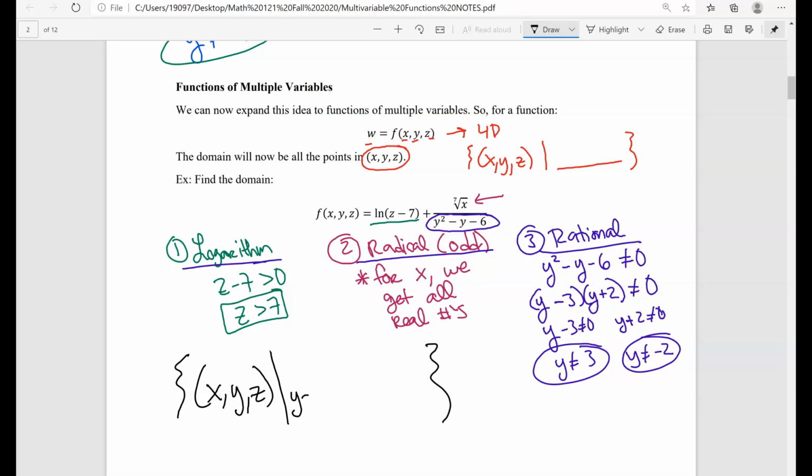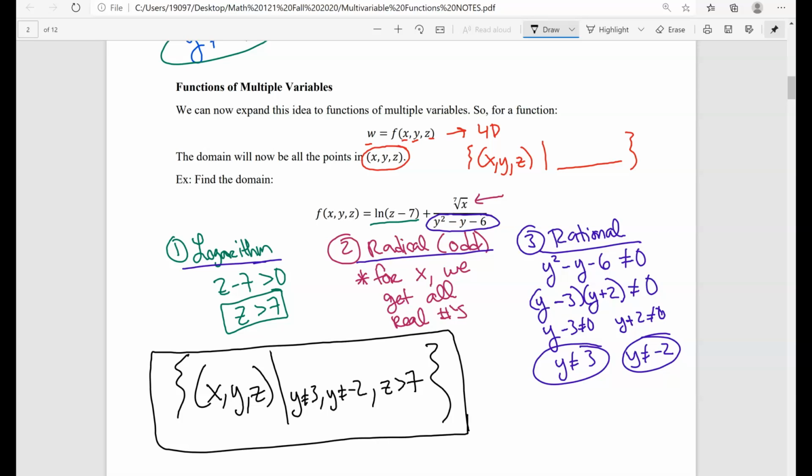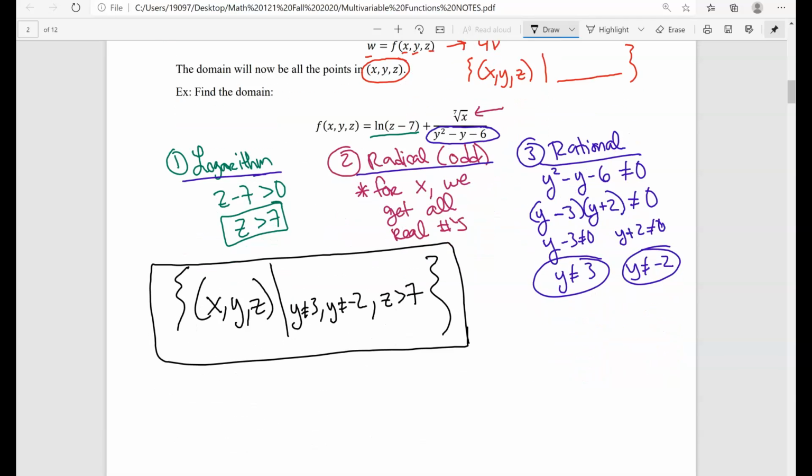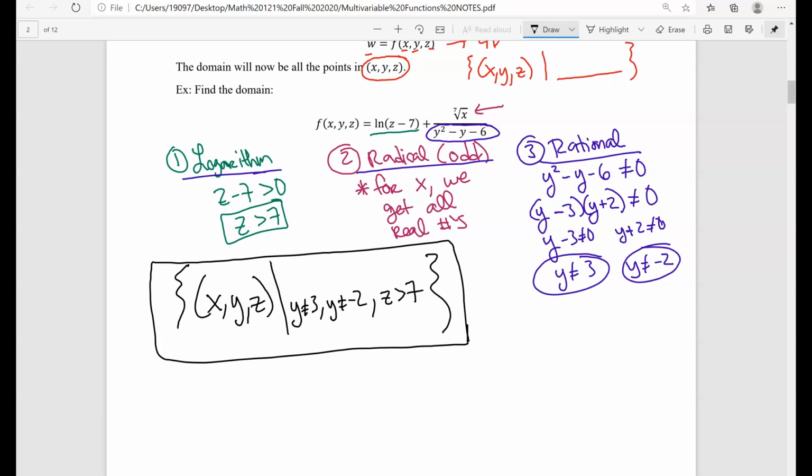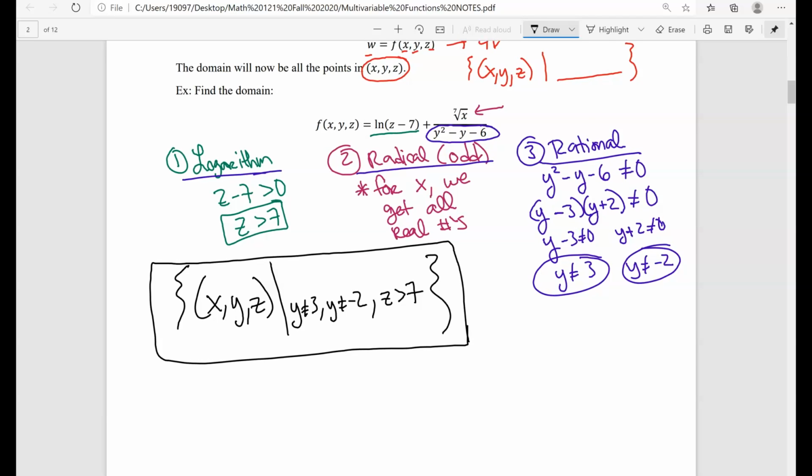So y can't be 3, and y can't be -2, and also z has to be strictly greater than 7. If I write it like this and there's no x, then I am assuming that x is all real numbers. Unless x is something different, then I can go ahead and write down whatever x shouldn't be. Okay, so that's how you find the domain of these multivariable functions, either in 3D or in 4D.